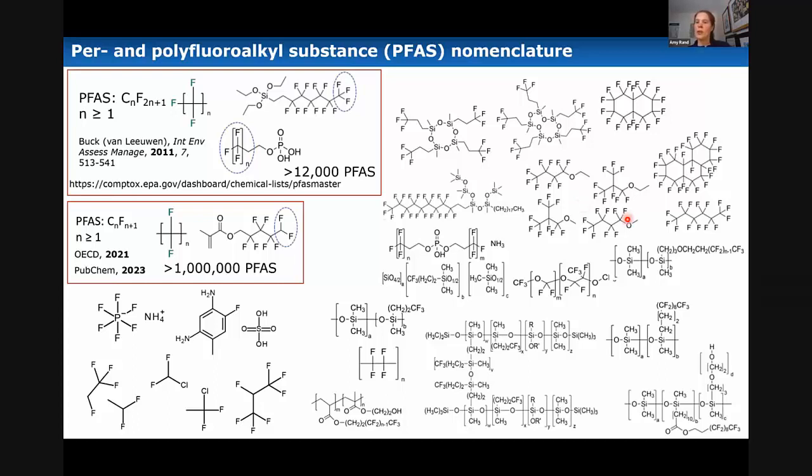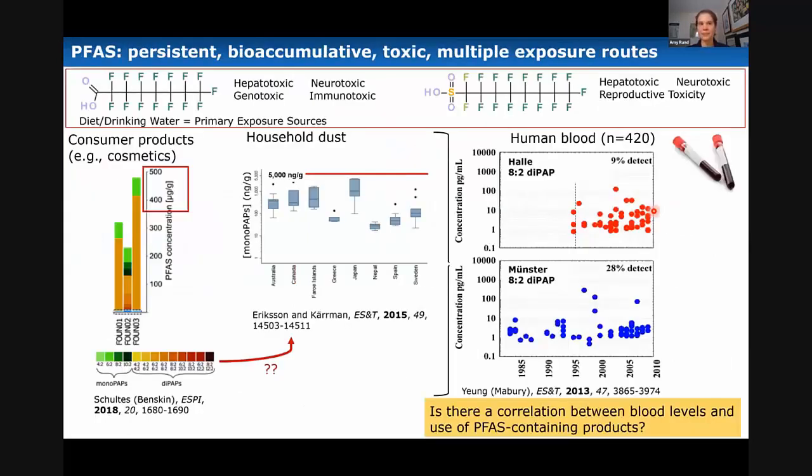As you can see, PFAS possess widely varying, diverse structures, and this therefore gives them different physical chemical properties, environmental behaviors, and transport, mechanisms of toxicity, as well as toxicokinetics. And I think this is why, as a class, it's been a large challenge both to characterize and to regulate.